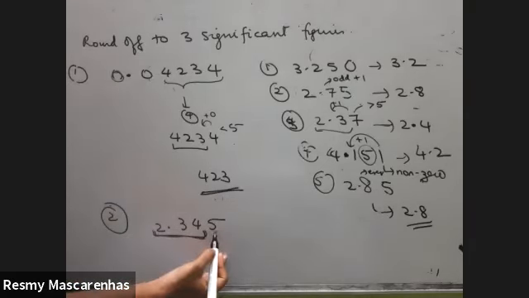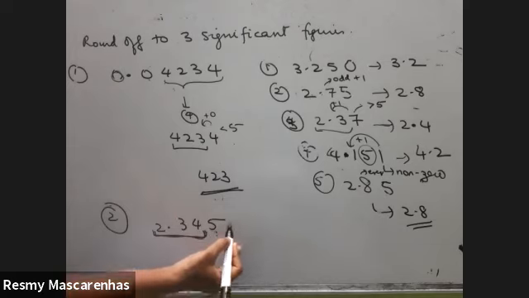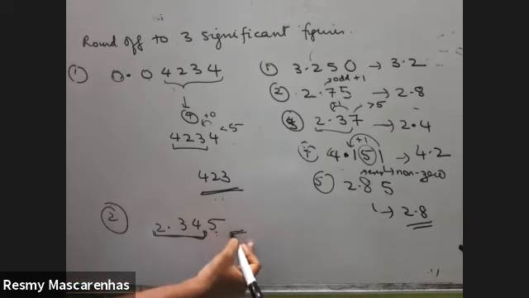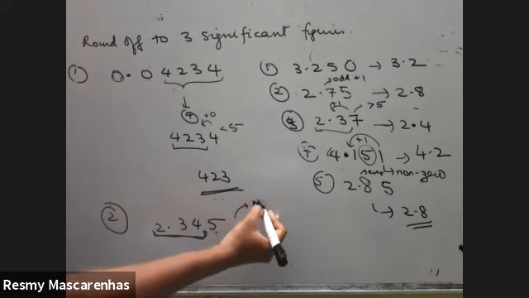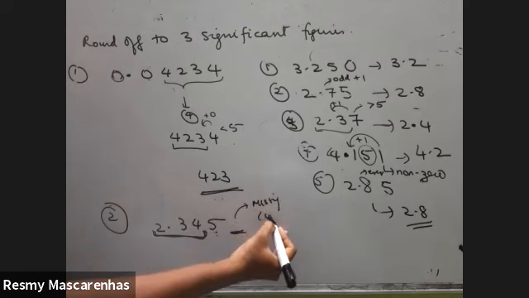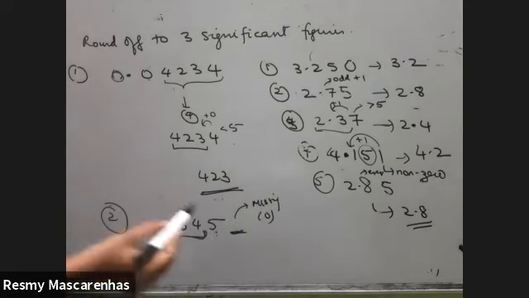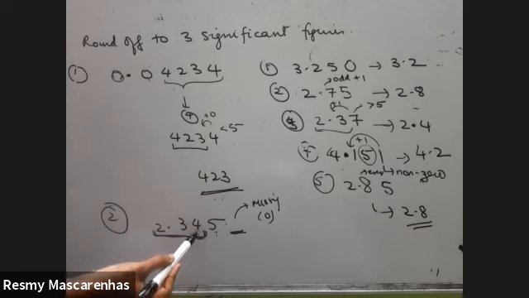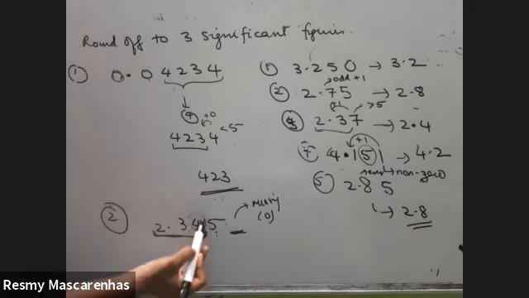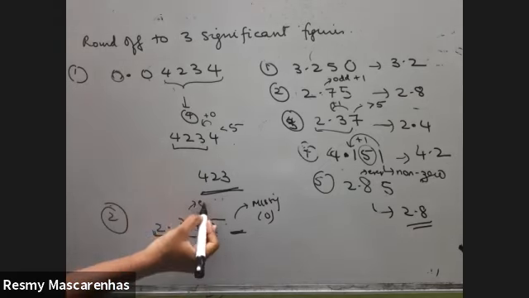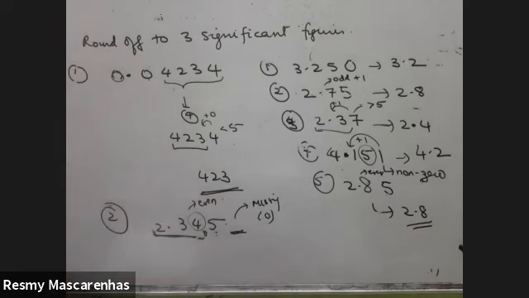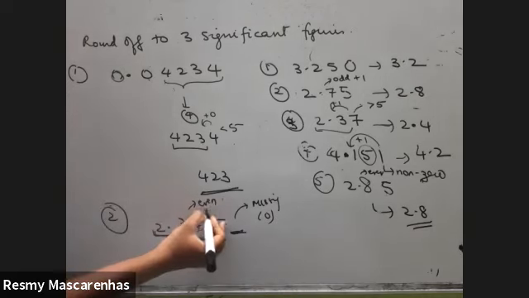I have to check whether this is less than 5 or equal to 5. Now this is equal to 5, so I have to move on to the next digit. This fellow is missing, so it's equivalent to having 0. So 0 means always check the last significant digit. This is an even number. Even means it will remain the same.